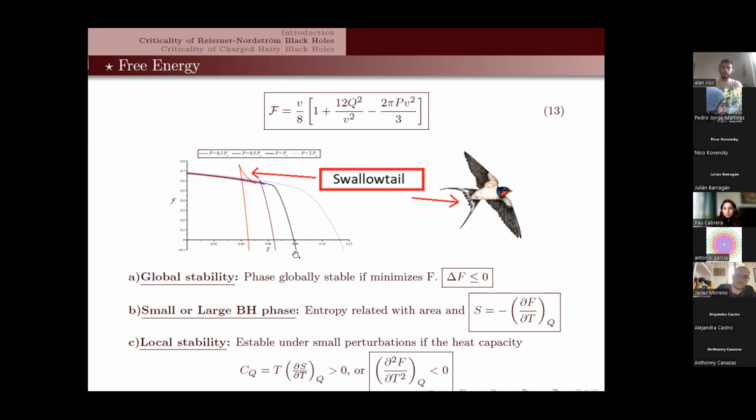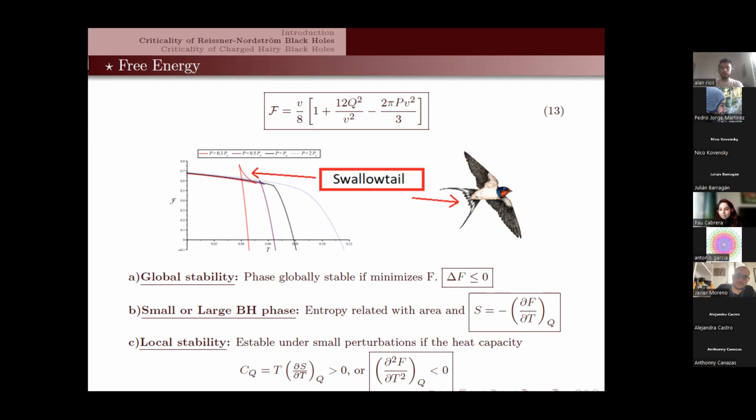And phase transitions are seen by global stability criteria. It states that the phase preferred by the system is the one that minimizes the free energy. Here, for example, for the same temperature vertical line, this line is stable against this line because this line has less free energy than the above one.